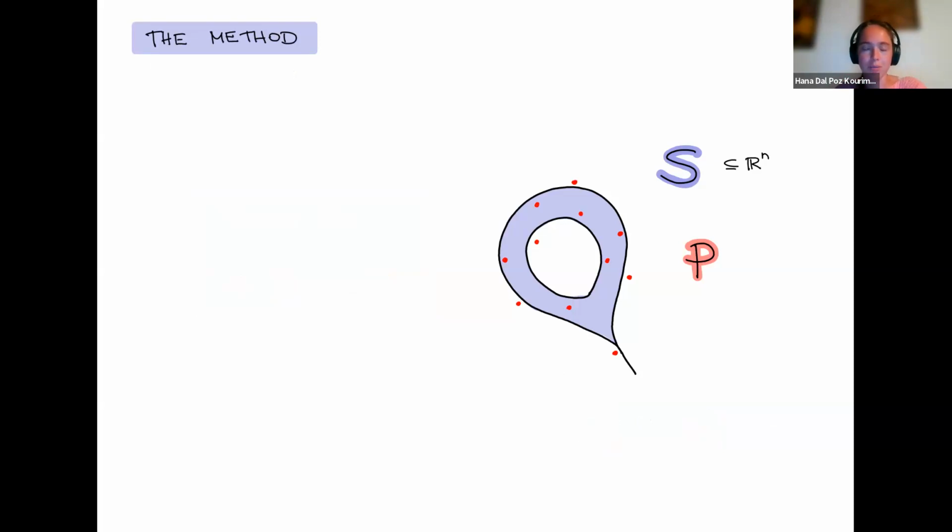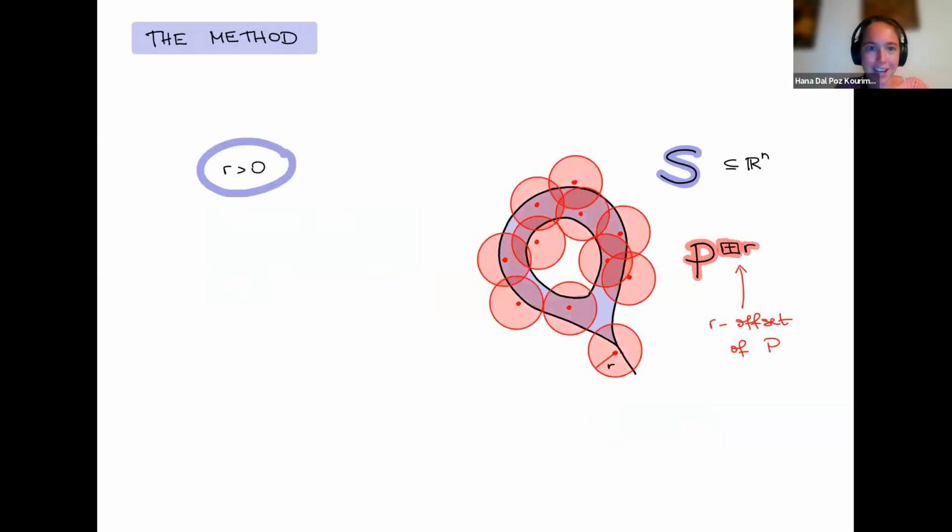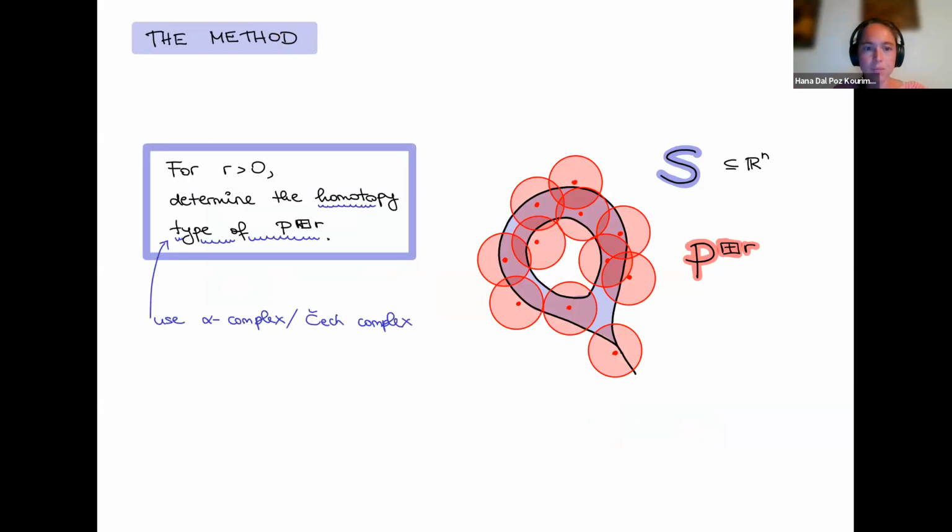There is a method to recover some topological information from point cloud P, and this audience knows it probably better than I do. Essentially, you want to pick a radius R, then you look at the R offset of the points P, and then you can use some computational machinery to calculate the homotopy type of this offset.